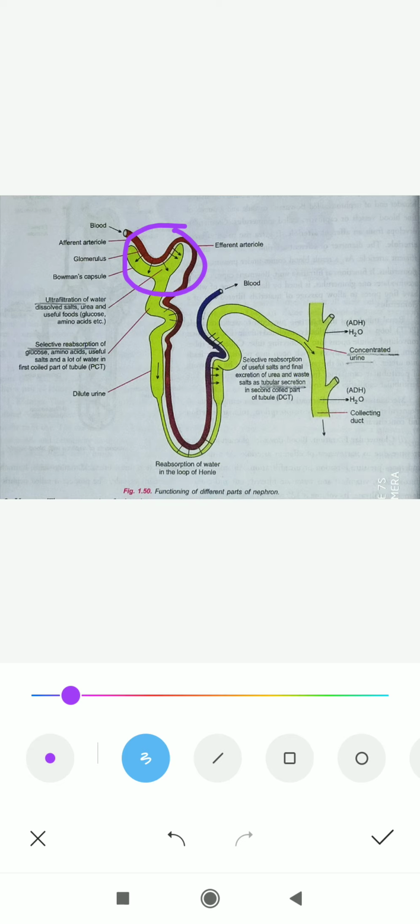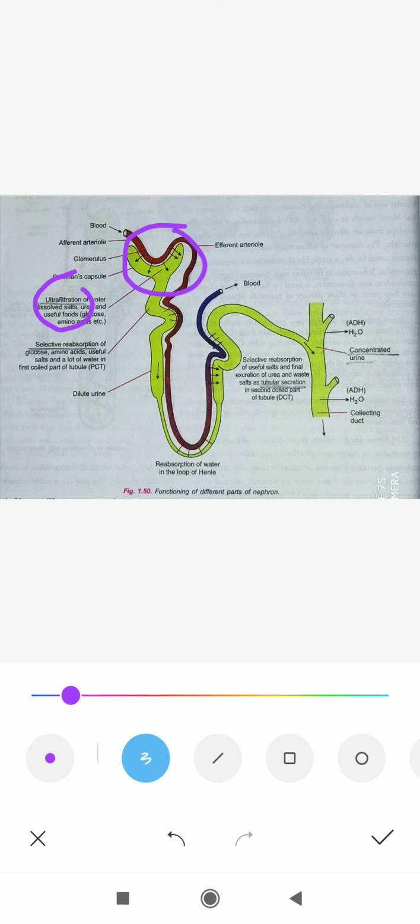This is the main part where the first function is performed, that is glomerular filtration, also known as ultrafiltration. In this part, the blood is filtered out.